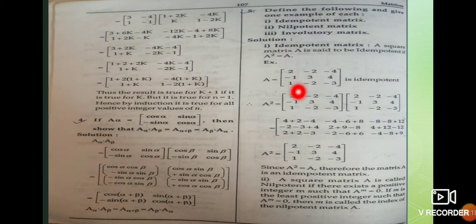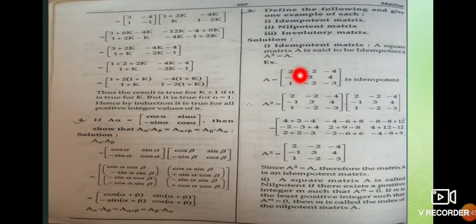See one example. A is equal to this matrix, which is of order 3 by 3. That means this is a square matrix. First row 2, minus 2, minus 4; second row minus 1, 3, 4; third row 1, minus 2, minus 3. Is it idempotent? Let's prove it.